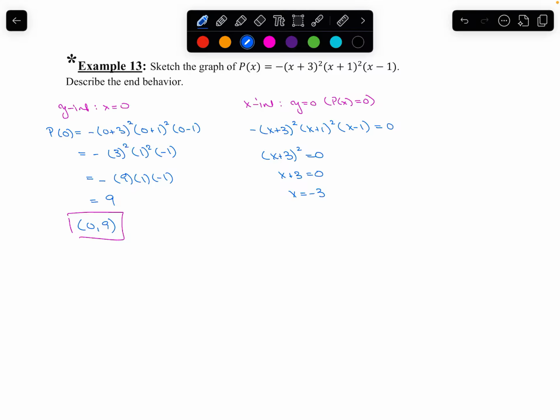Okay, now looking at its multiplicity, remember the multiplicity is the power of the factor. So in this case, we have a power of 2. So we have an even multiplicity, which means that at negative 3, 0, that intercept, it's going to touch.